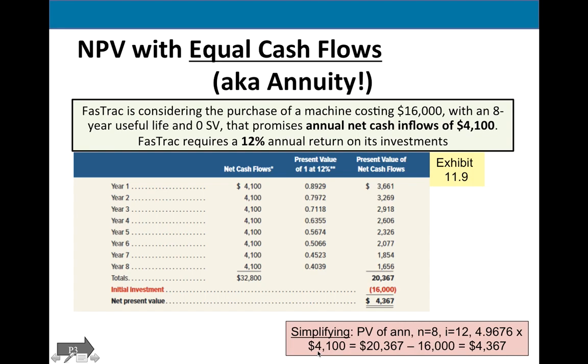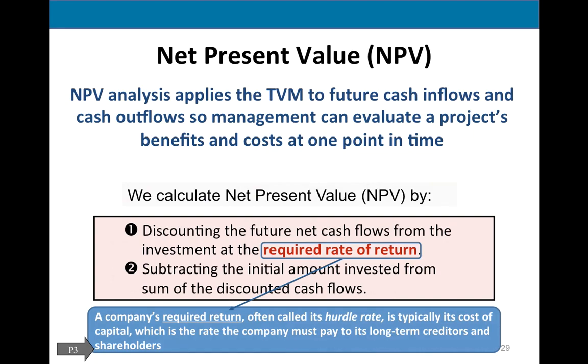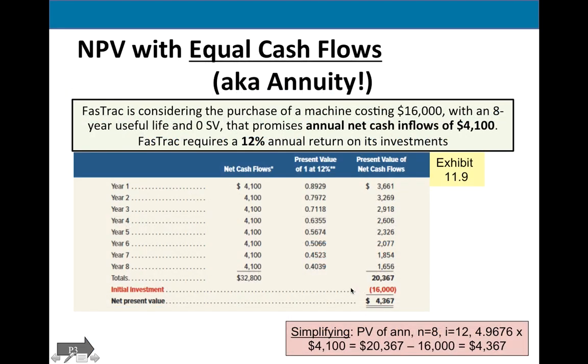Multiply it by that annual cash flow, and you get the amount, 20,367. Much faster, one calculation instead of 8 calculations. Minus the initial investment, we see that NPV is positive. I pay in 16,000, I get out of this investment 20,367. So discount it and then subtract the initial investment from the sum of the discounted cash flows. So this is how NPV works, pretty much.